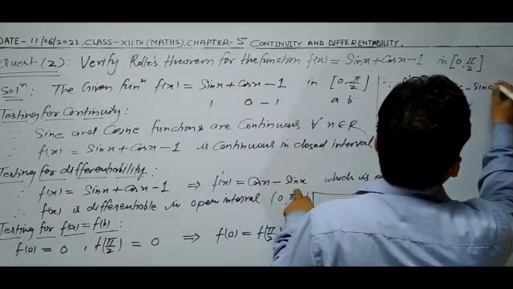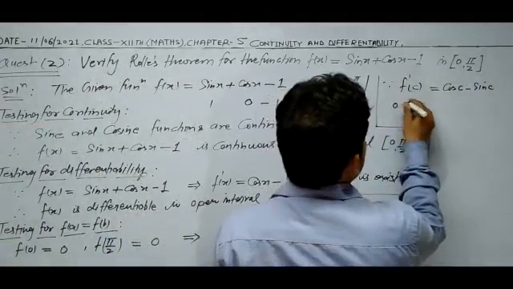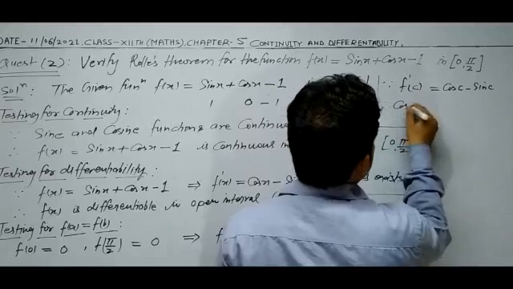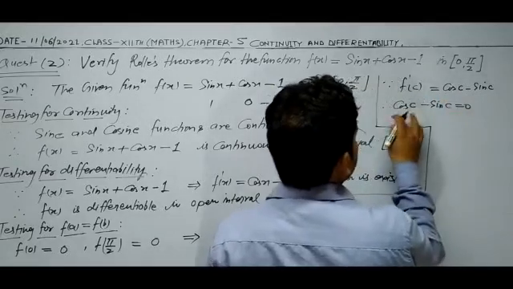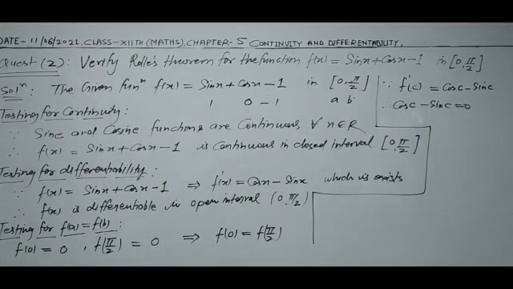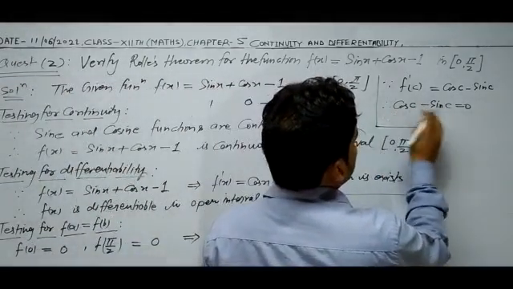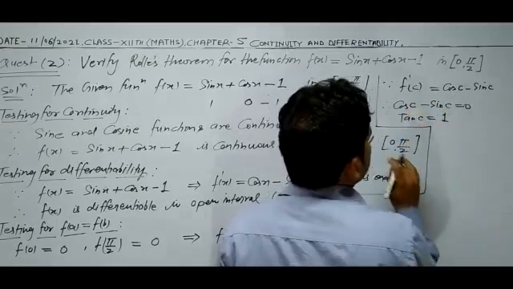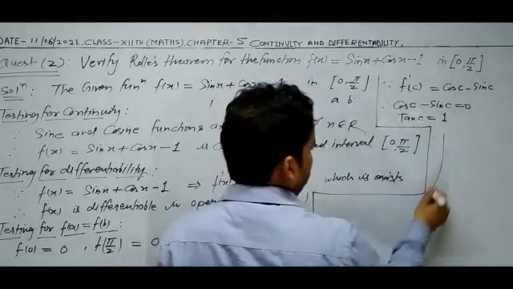cos c minus sin c, and when you equate to 0, the result will be cos c minus sin c is equal to 0. This implies, when you divide by cos c on both sides, tan c you will get 1, and the value of 1 in tan is tan pi by 4.